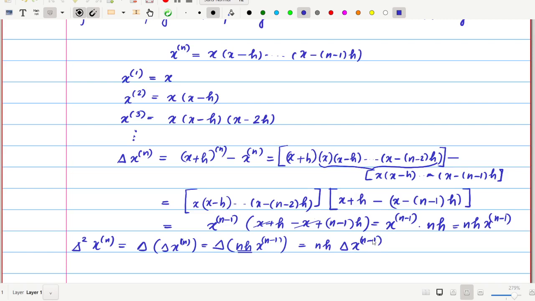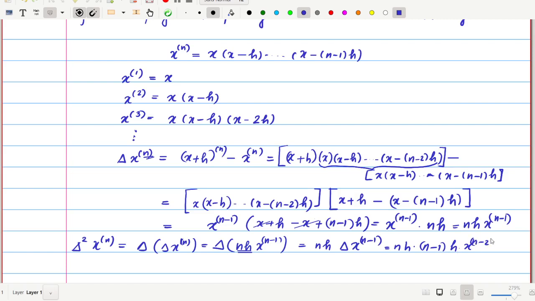So how will you find this del of x of n minus 1? That is using this formula again. If we have n here, then the result will be n times h times this. Now we have n minus 1 here, and n times h is already there, so that will be n minus 1 times h times x of n minus 2.